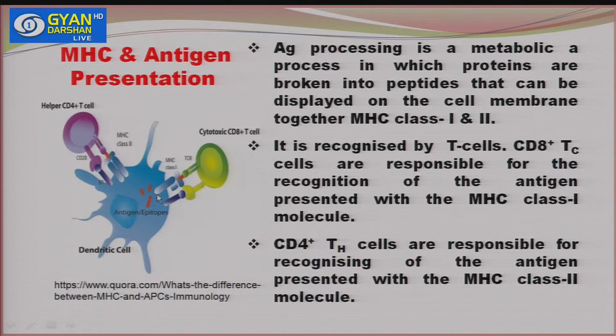Here are the dendritic cells. They are able to process and present the antigens. The antigen is present on the surface of the MHC, which you can see in the red color, and ultimately it will be recognized by the helper CD4 positive T cell, or by the cytotoxic CD8 cells.